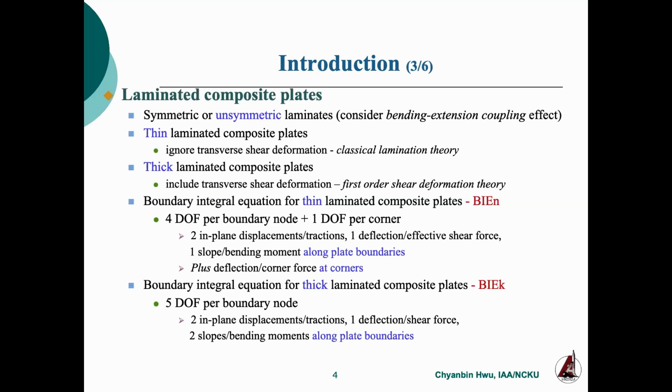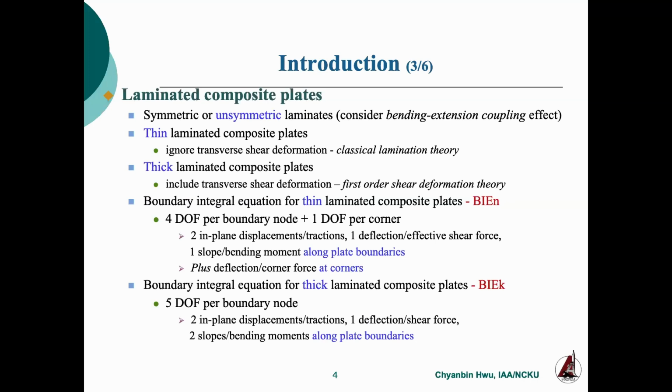Okay, for the laminate composite plates, you can consider symmetric or unsymmetric laminates, and you can consider thin or thick laminate plates, based on different theories. The thin plate is based upon the classical lamination theory, the thick plate upon the first order shear deformation theory. For the thin laminate composite plate, we consider 4 degrees of freedom per boundary node and 1 degree of freedom per corner.